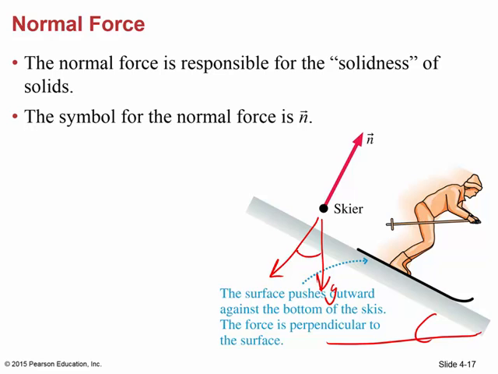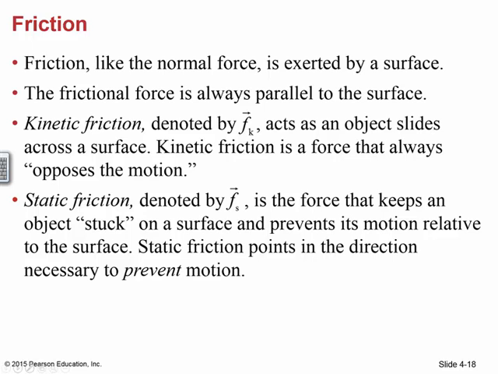The incline causes the normal force to be less, because the cosine of any angle above 0 is less than 1, okay? And so you're going to get your greatest normal force on a flat surface. And then we have frictional forces.